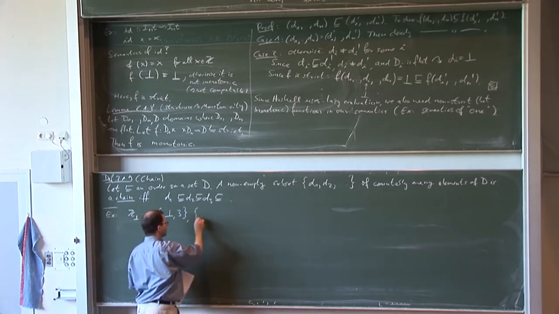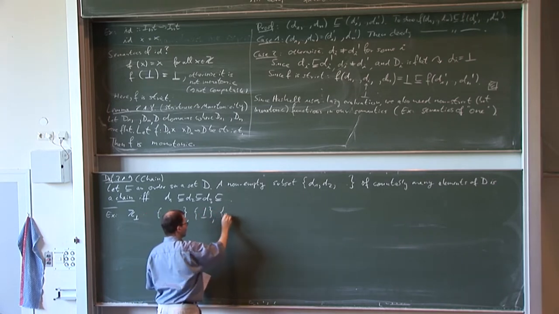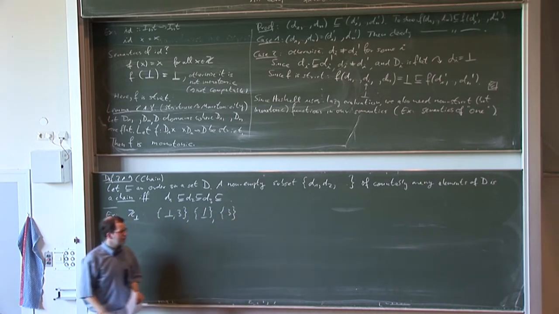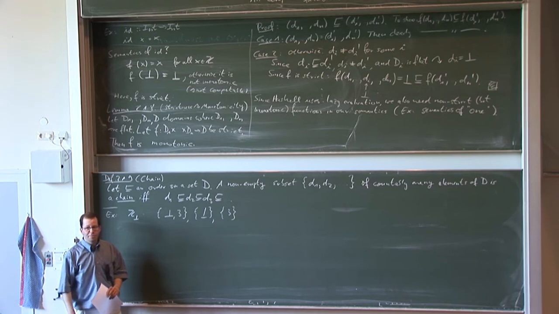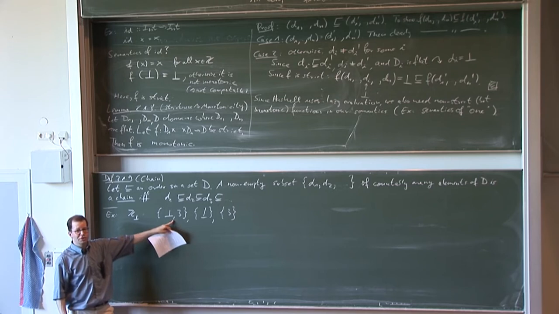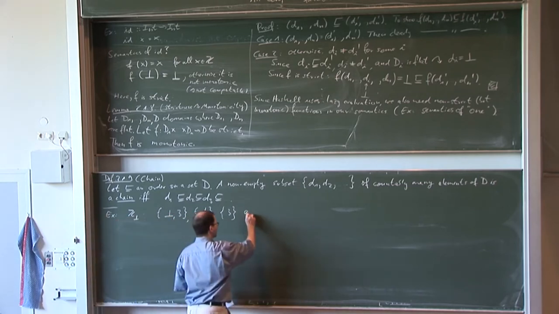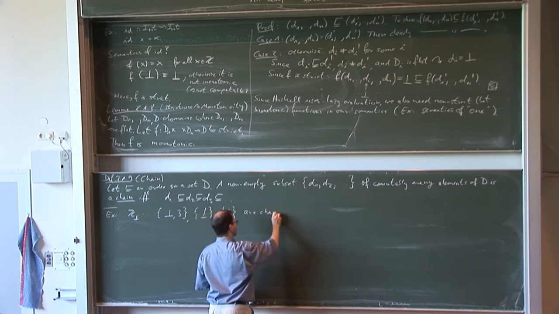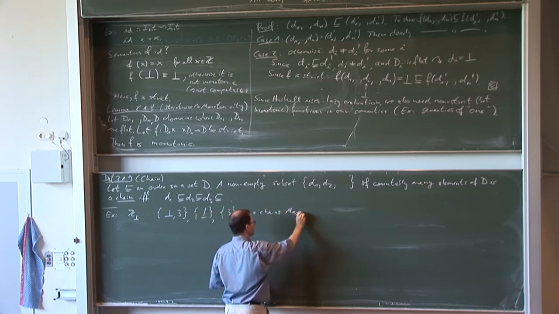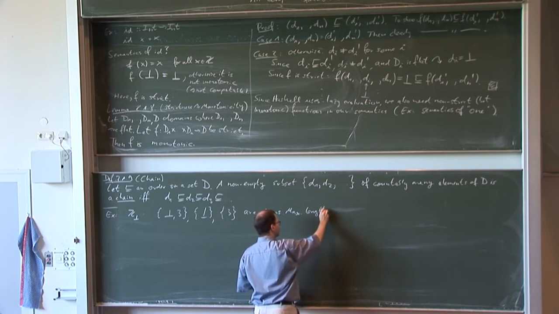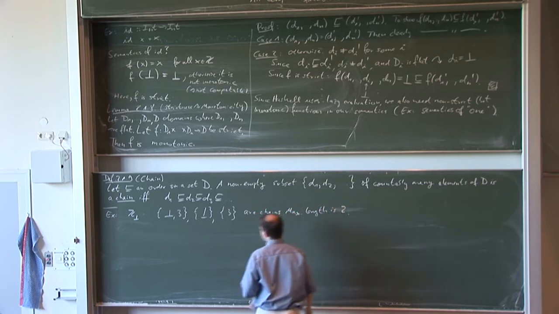Now obviously something like just bottom or just 3 would also be a chain. But the longest chain has length 2. This is one of the longest chains. Bottom 5, of course, is also a chain. And the maximal length of a chain is 2. This is true for all flat domains.